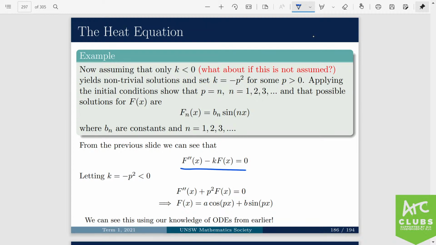Now we do as we've been told in the question, and we set k equal to negative p squared. This is kind of revealing some of the truth as to why this is true. Without going too deep into it, if we think about what we've learned about ODEs from topic 5, that I did at the beginning of this seminar, we get to this expression and we can see why they've told us to assume this, because this turns into a positive, and then we've got this plus this is equal to 0.